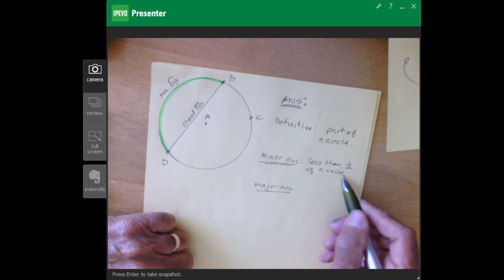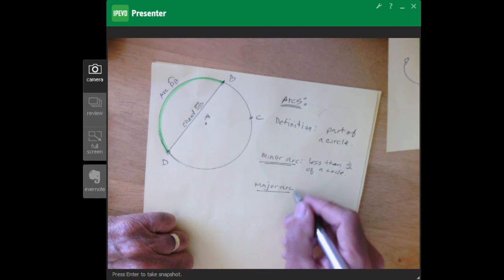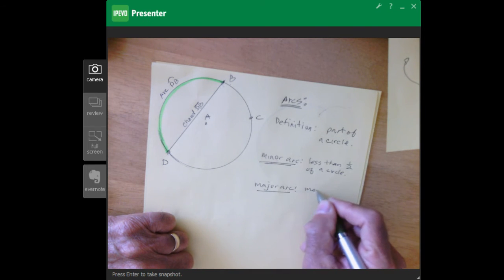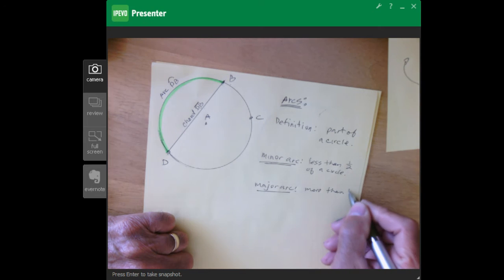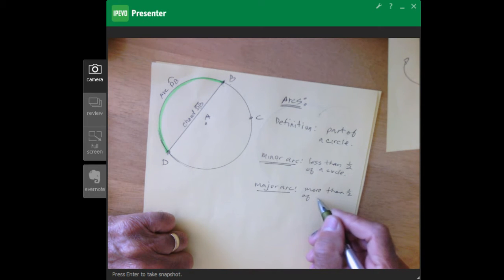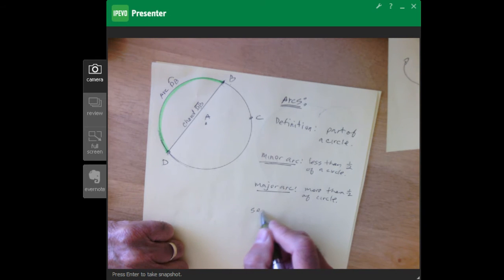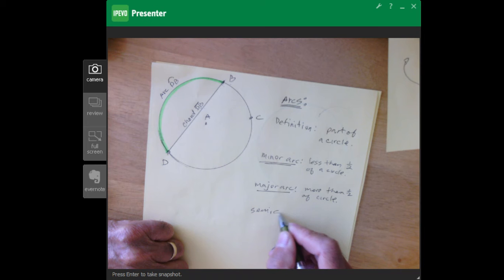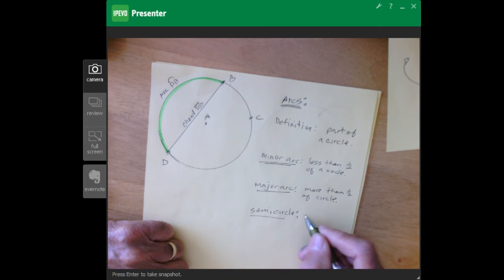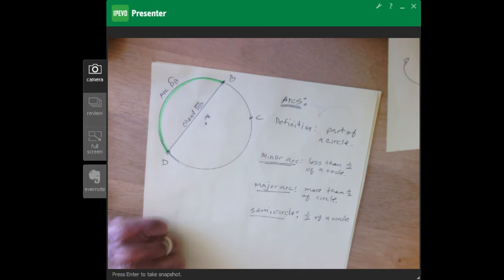So small arc, less than half a circle. Major arc, big arc, more than half of a circle. And then finally, semi refers to half. So a semicircle is half a circle. So minor arc, major arc, semicircle.